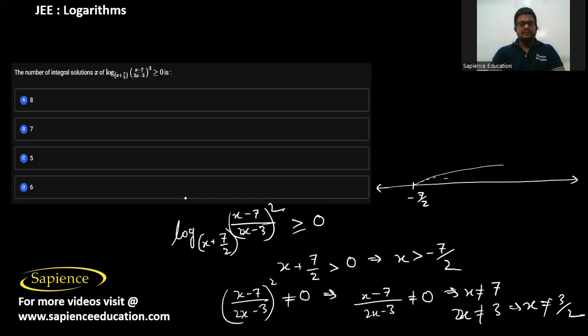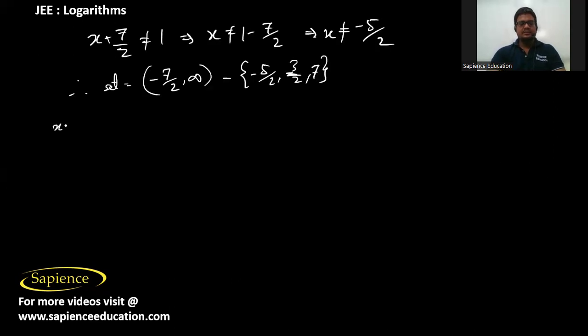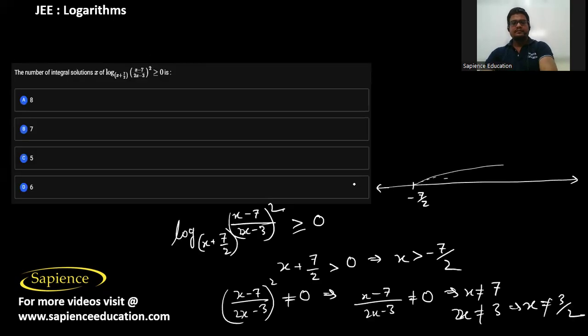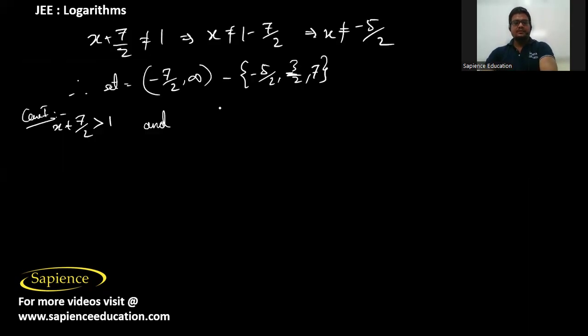Then, case 1: the base x plus 7 by 2 is greater than 1, and this one, x minus 7 by 2x minus 3 whole square, should also be greater than or equal to 1.